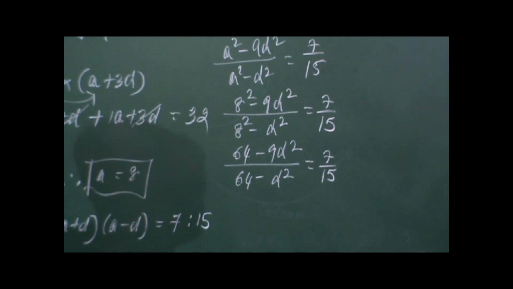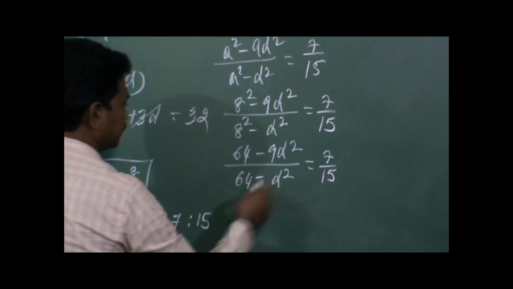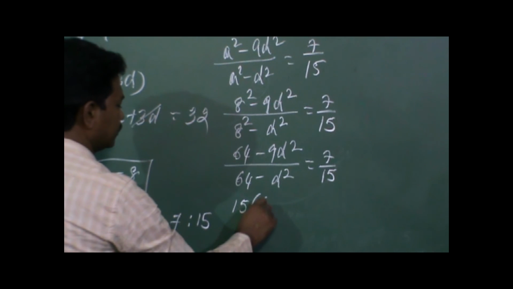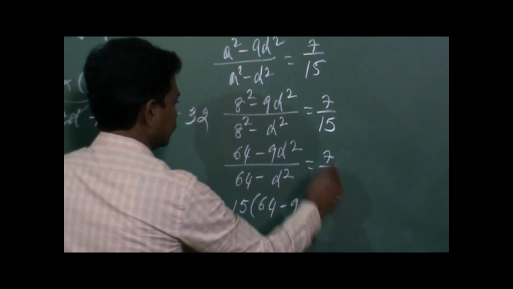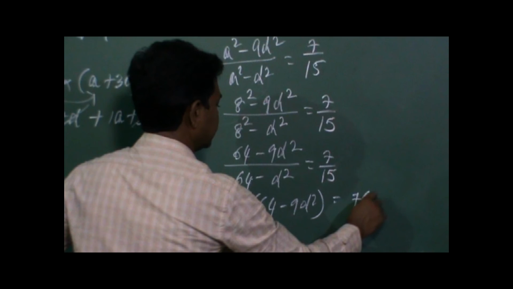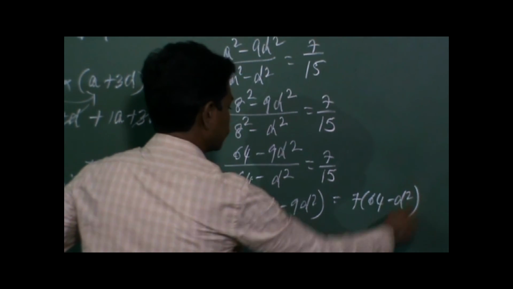So the further step: nothing can be done other than cross multiplication. First go with the bigger number. 15 into (64 minus 9d square) is equal to 7 into (64 minus d square).